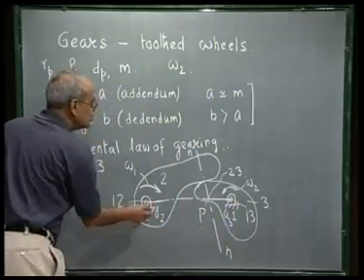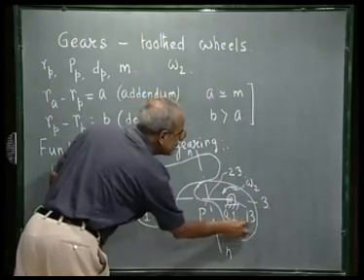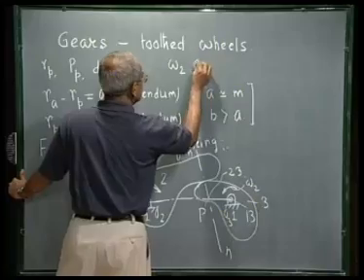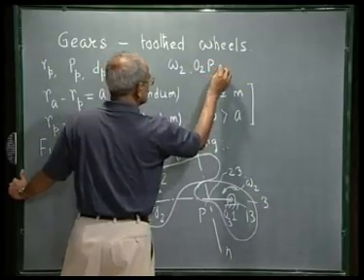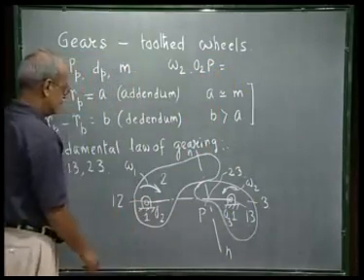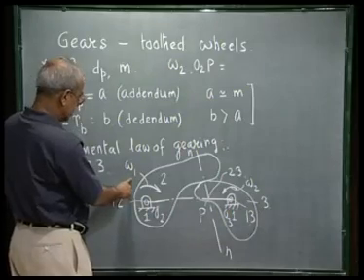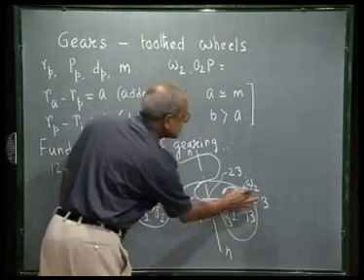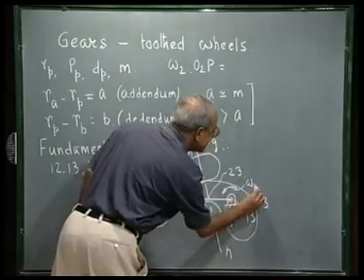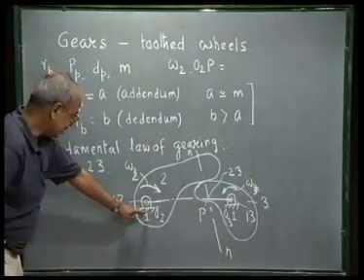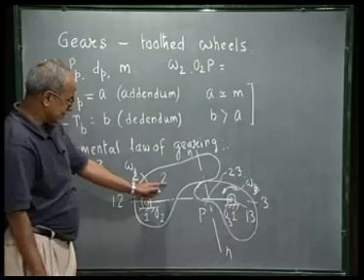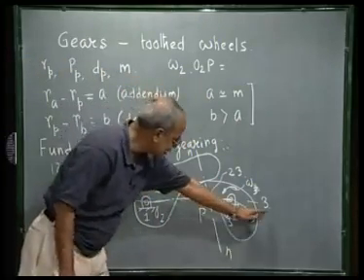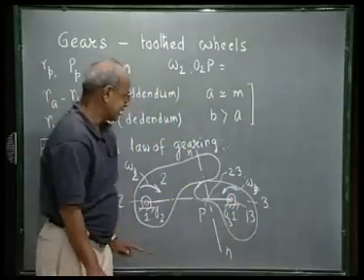O2 is 1, 2, O3 is 1, 3. So, O2P into omega 2, sorry, this I called omega 1, let me call it omega 2, and this let me call omega 3. Because body 1 is the fixed body, I am representing one of the gears as body number 2, so I denote it by omega 2, and the other gear as body number 3, so I call omega 3.